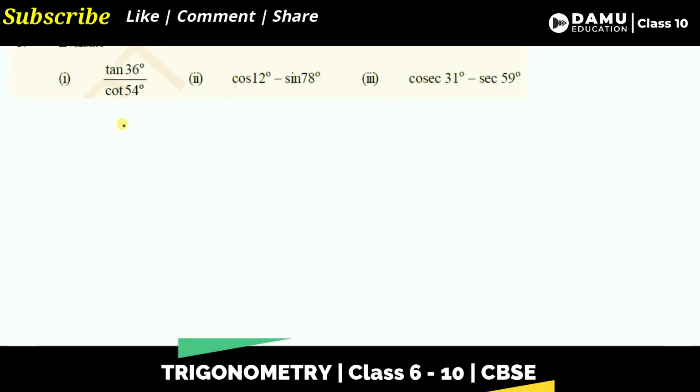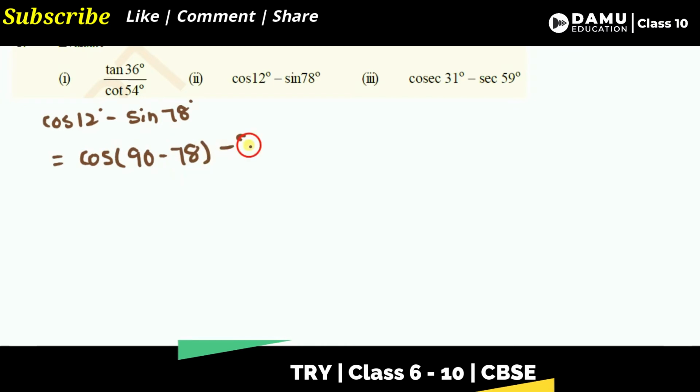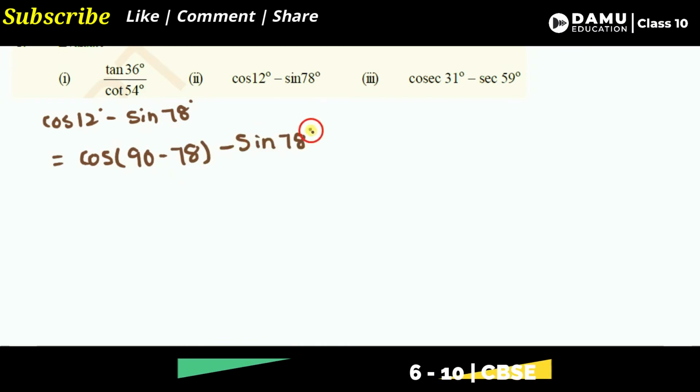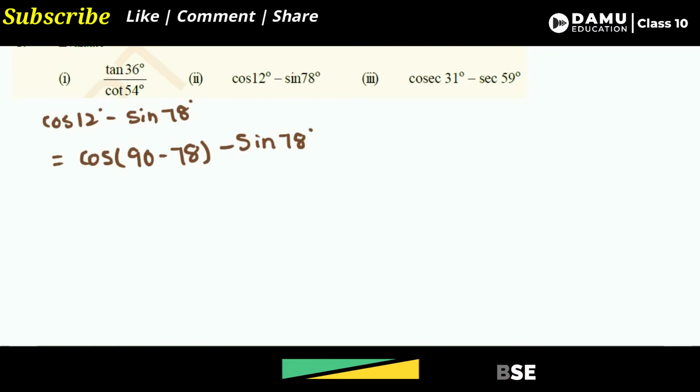Our second one is cosine 12 degrees minus sine 78 degrees. Let's convert this cosine into the format of 78. We can write cos (90 minus 78) degrees minus sine 78 degrees. What is the formula of cos (90 minus theta)?